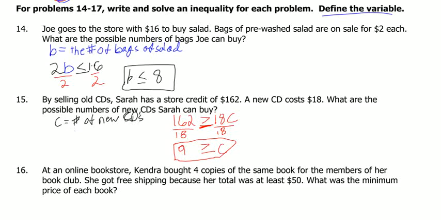Now, some of you are like, wait, 9 needs to be greater than or equal to C? That doesn't make a lot of sense. But if you look at it on the other end of things, C needs to be less than or equal to 9. Okay? These two are the same statement. Notice the small end is going towards the C. Small end is still going towards the C. So, still works.